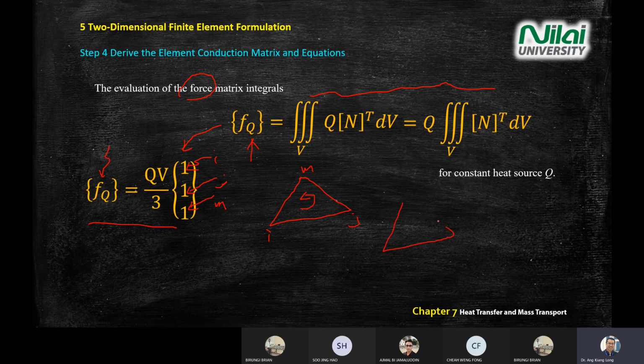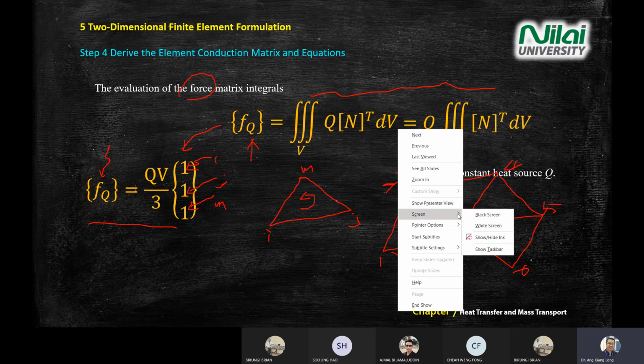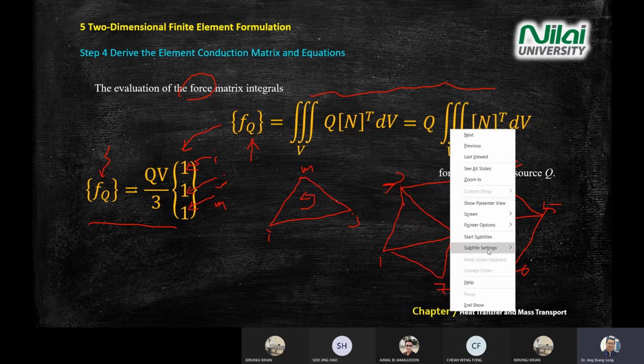So of course, when it comes to the exam or your real scenario, or when you use ANSYS to solve, these I, J, K will be given different numbers. For example, 1, 2, 3, and then another triangle 4, another triangle 5, another triangle 6, another triangle 7, and so on. Okay, so this is how the software solves your problem.